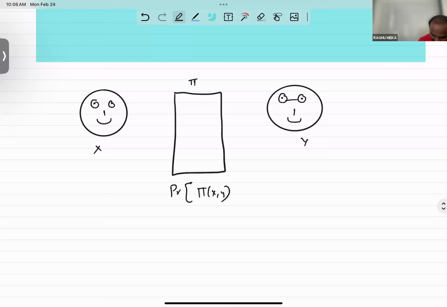It means that for all x, y, the probability over the randomness in pi, where x and y are arbitrary inputs, that pi equals disjointness of x, y is greater than or equal to 0.9.